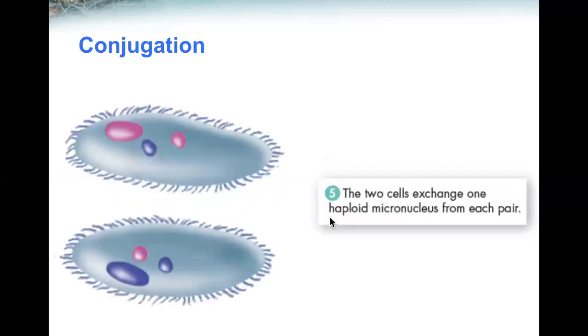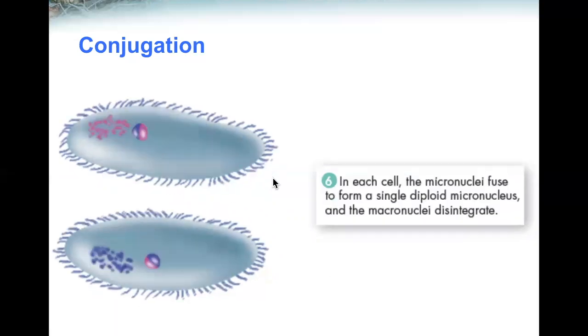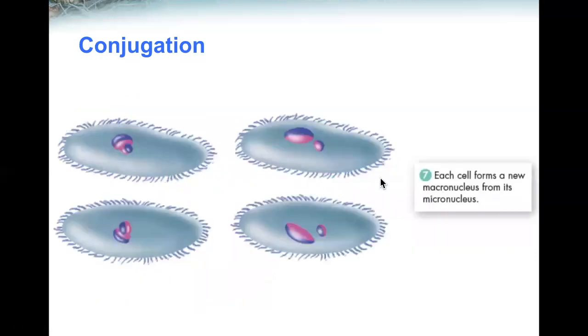The two cells exchange one haploid micronucleus from each pair. In each cell, the micronuclei fuse to form a single diploid micronucleus, and the macronuclei disintegrate. Each of the cells forms a new macronucleus from its micronucleus.